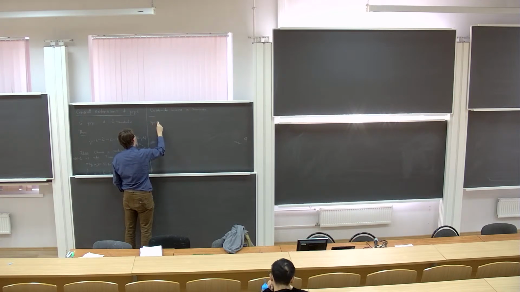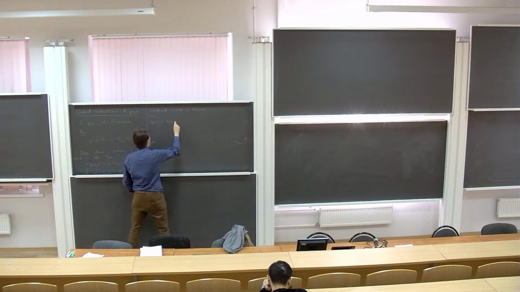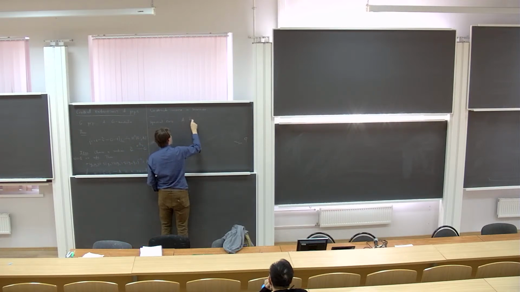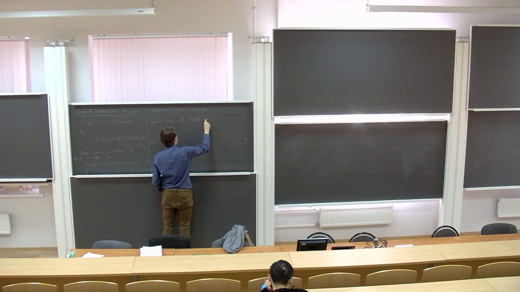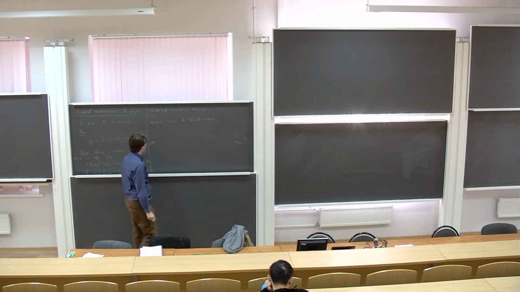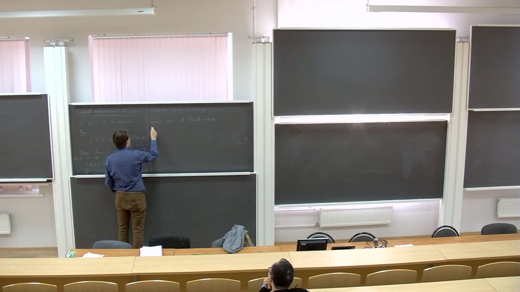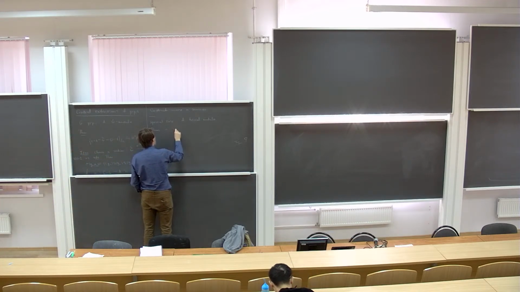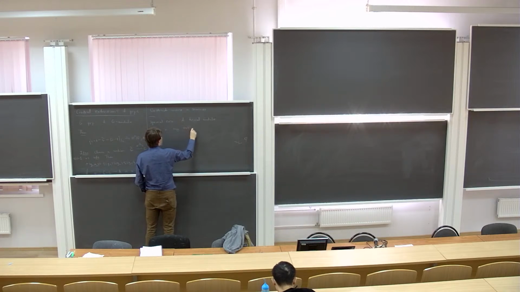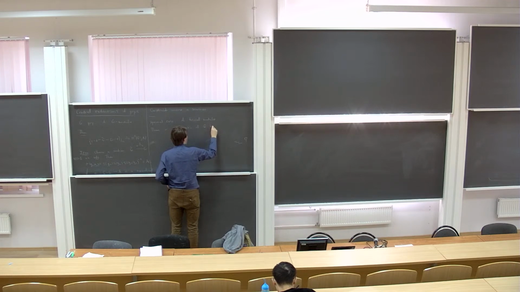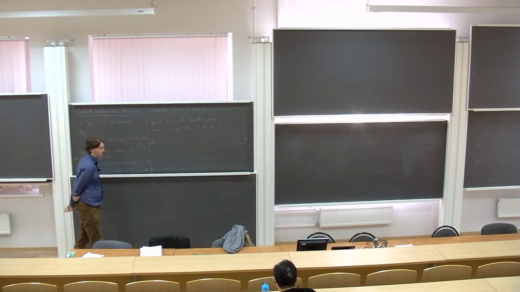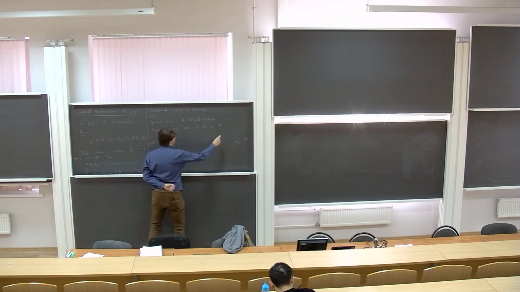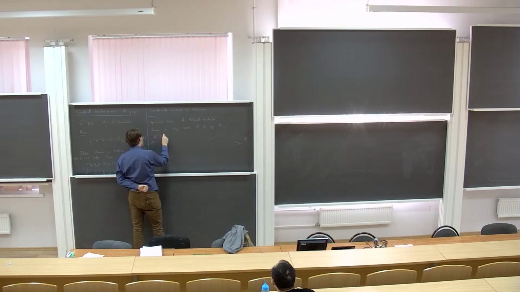And then this happens: in any extension of G by A, A lies in the center. Because why?